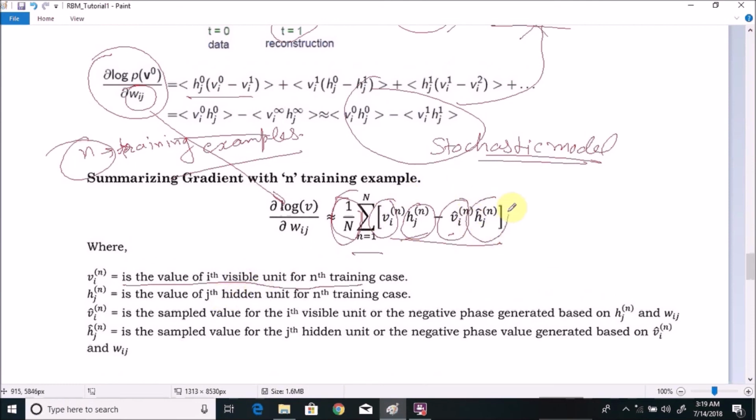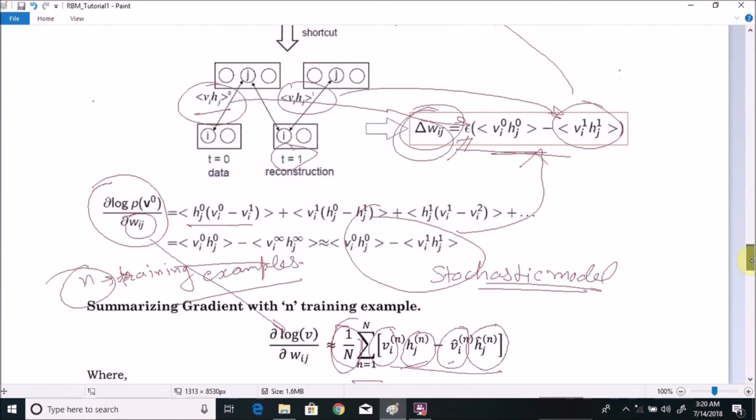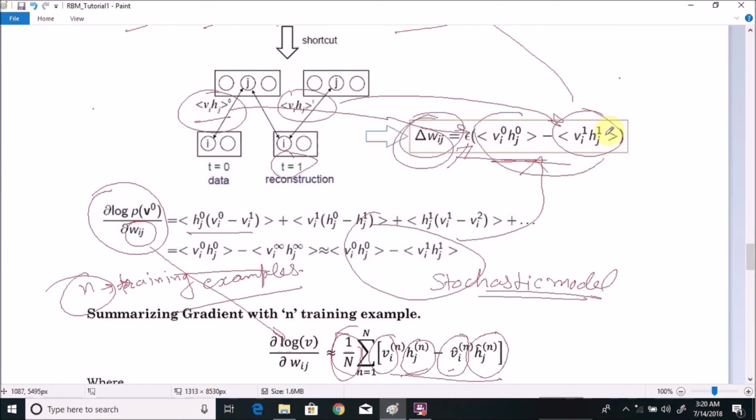Similarly, this is the sampled value of the jth hidden unit. So for each training example, we will calculate this and replicate here. For n equal to 1, this will be simple, and for n equal to n, for each value we will calculate such kinds of training.